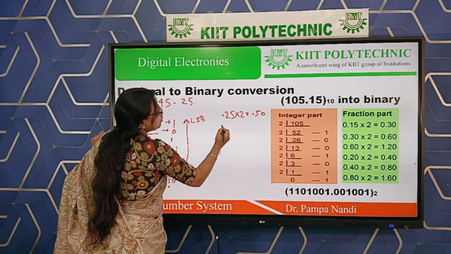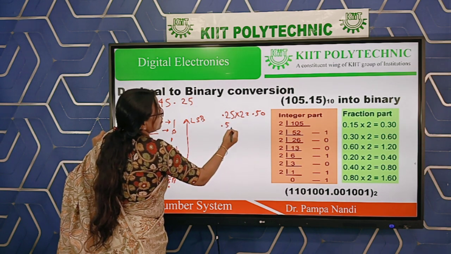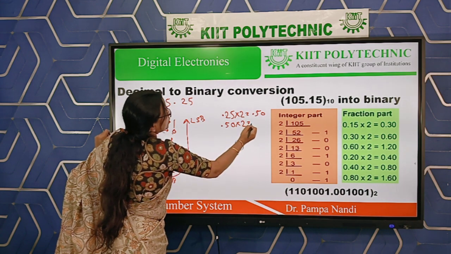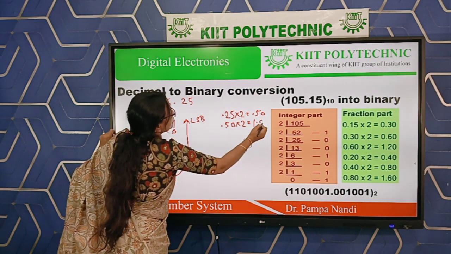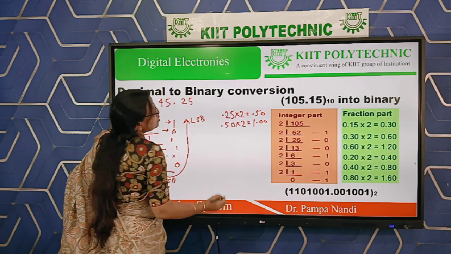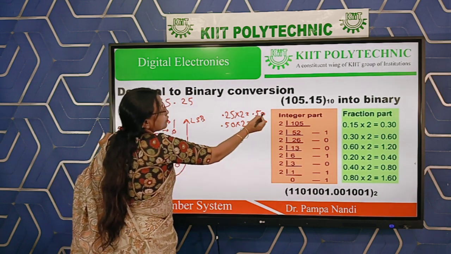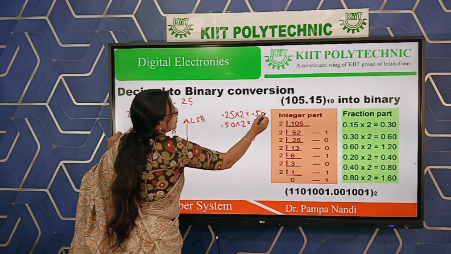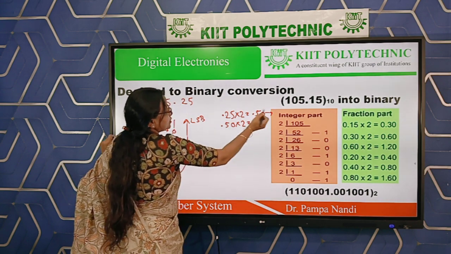So again you need to multiply here 0.50 into 2. Now you are getting what? 1.00.